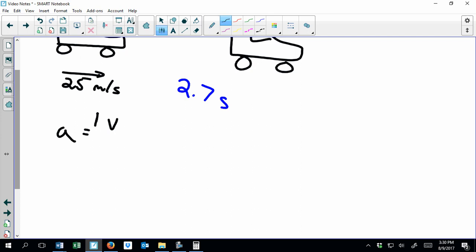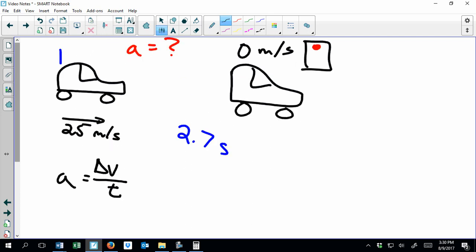So I go to the equation for acceleration. Acceleration is a change in velocity, delta V, over the amount of time. And before I even go into this problem, I made to the right positive here. I've got a positive velocity, and then I've got this zero velocity. So I know that I slowed down. The magnitude of my velocity went from 25 to 0.